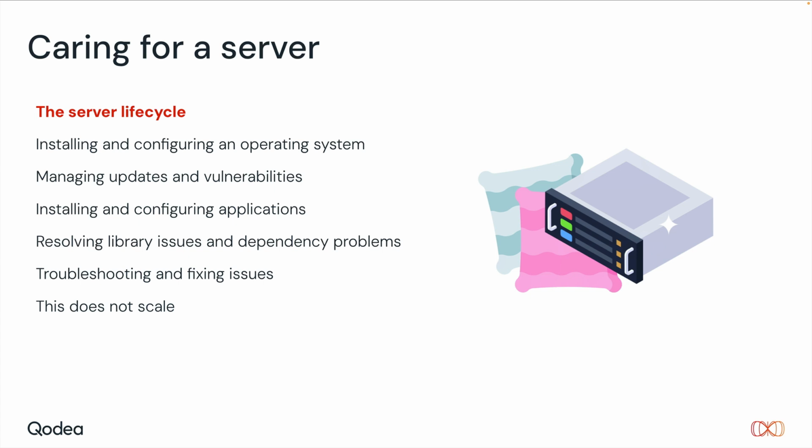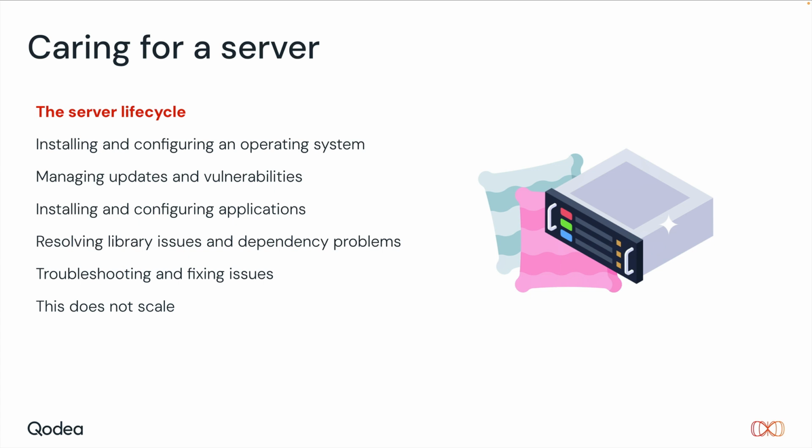Traditional servers, either physical or virtual, have a complete lifecycle that includes installing and configuring an operating system, managing updates and vulnerabilities, installing and configuring applications, resolving library issues and dependency problems, and troubleshooting and fixing issues. In a nutshell, if we're caring for individual servers, our approach will not scale.